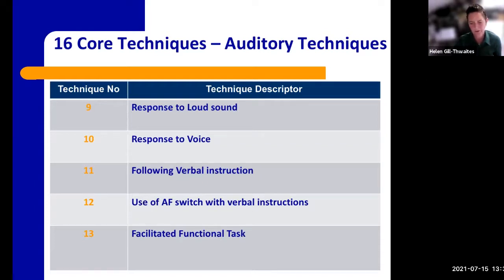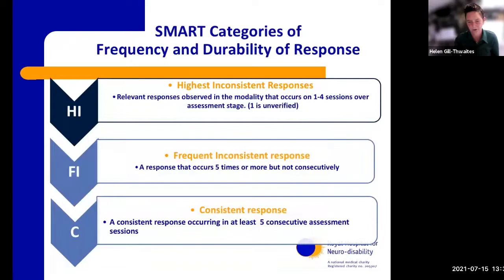A lot of that was to do with the fact that the assessments were done by the same assessor over a long period of time. It is all about the durability of the assessment, the frequency, and also the techniques that picked it up, which was the use of the switch and written instruction, which is unique to SMART. And then obviously the verbal instruction was useful as well, because the assessor knows what sort of questions to ask that person to do.